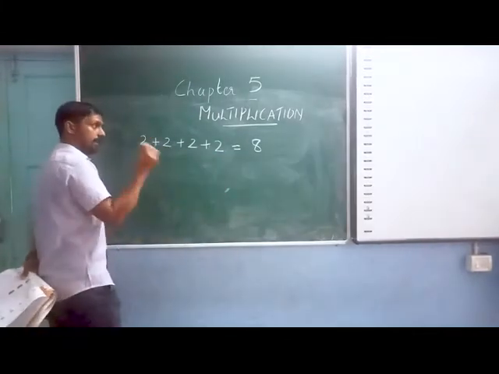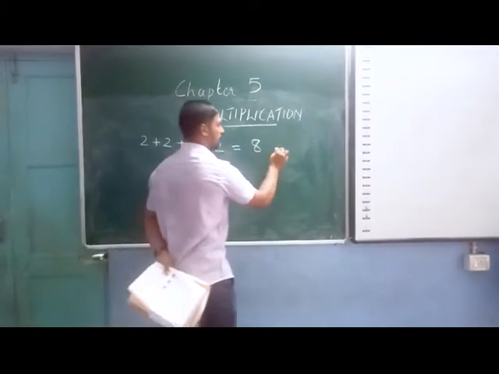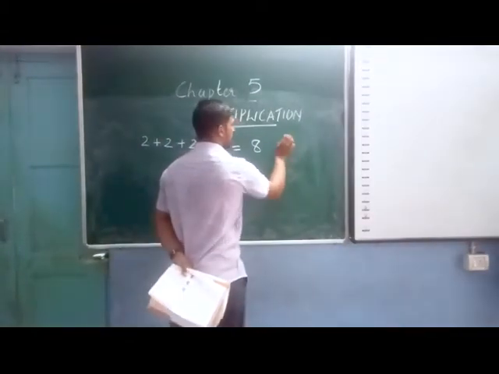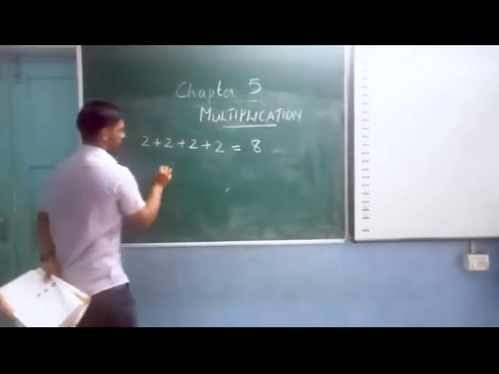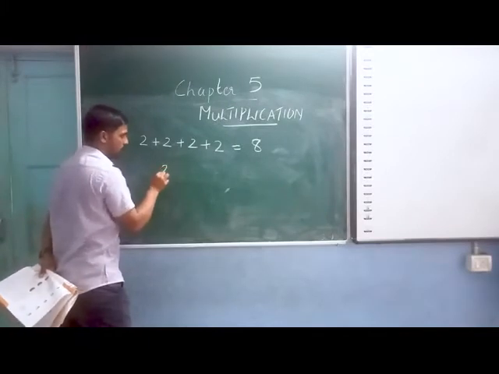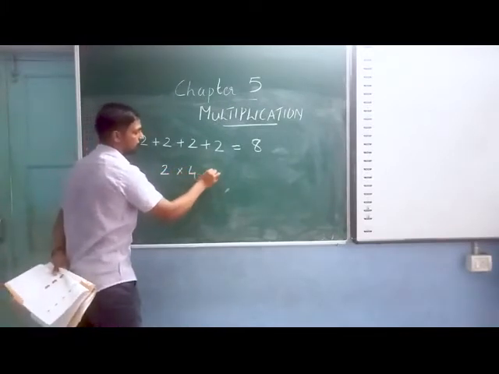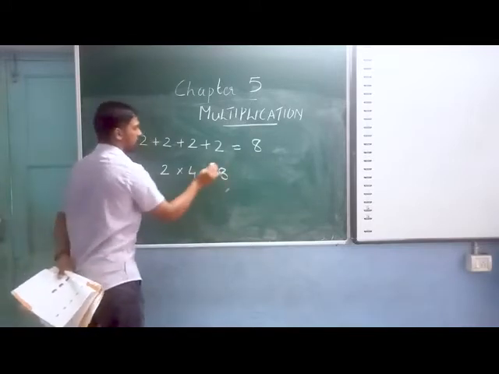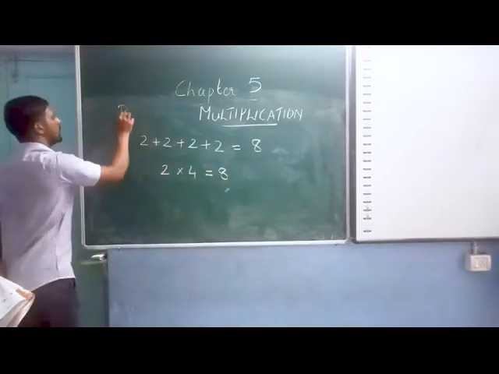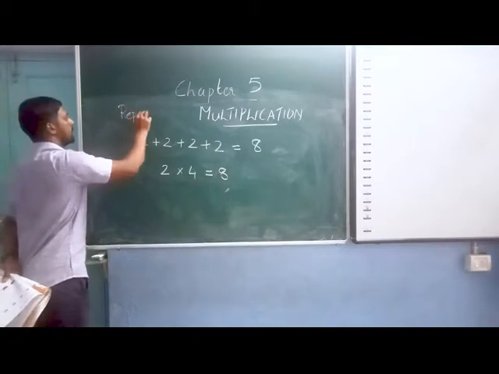So, we can write it in the form of multiplication. How? If you multiply 2 four times, you will get 8.